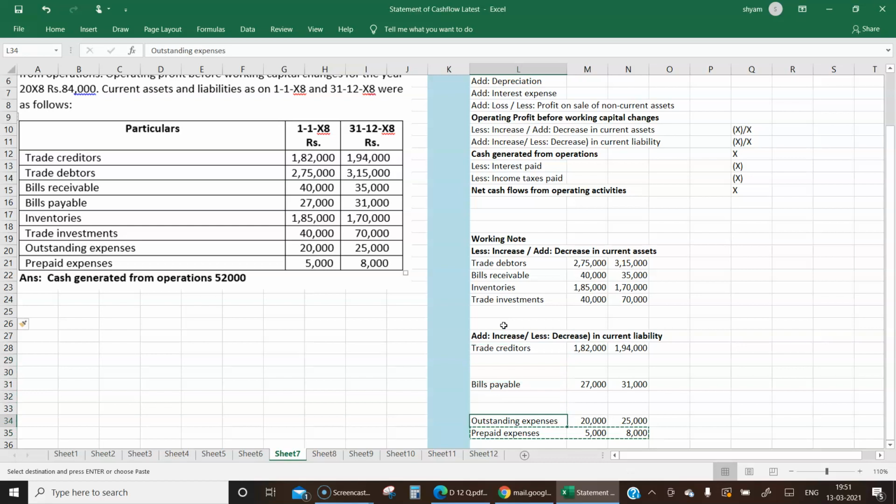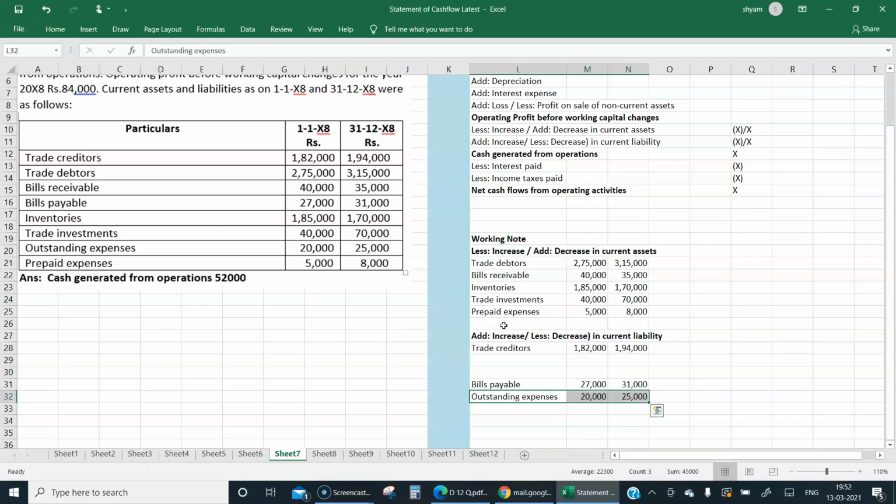This is a current asset. This is a current liability. This is also current. If you put it like this, it's quite easier to work out your problem.